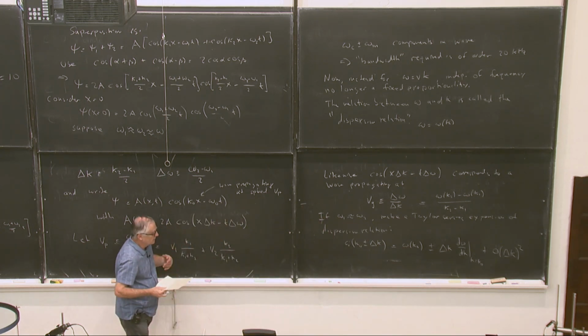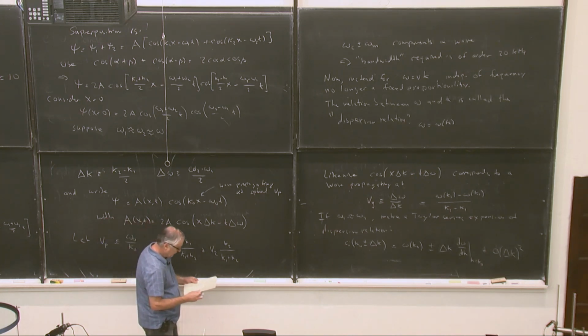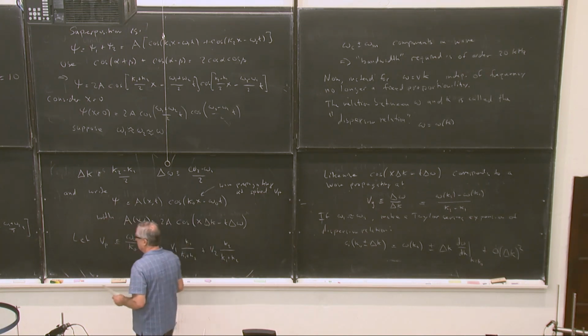And if delta k is small, then we can just keep the first couple of terms and have a good approximation.